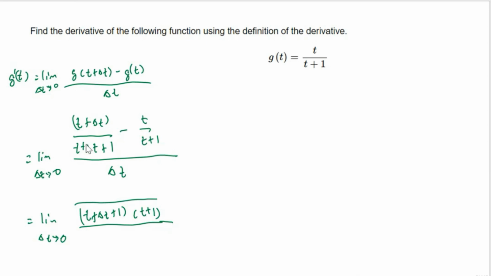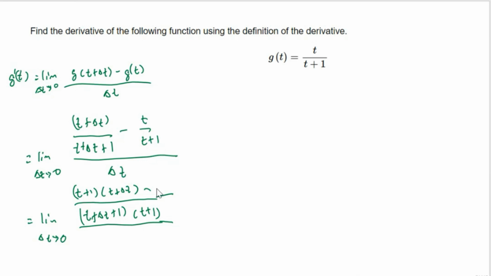So the LCD divided by the first denominator, the quotient is t plus 1, times the numerator. So I will write here t plus 1, which is the quotient, times the numerator of t plus delta t, minus the LCD divided by the second denominator, which is t plus 1. So we can cancel t plus 1.